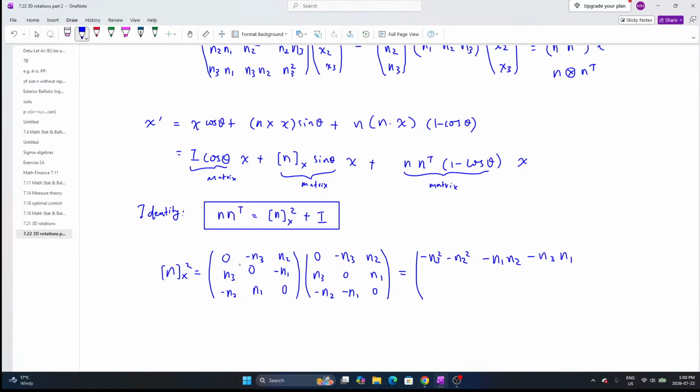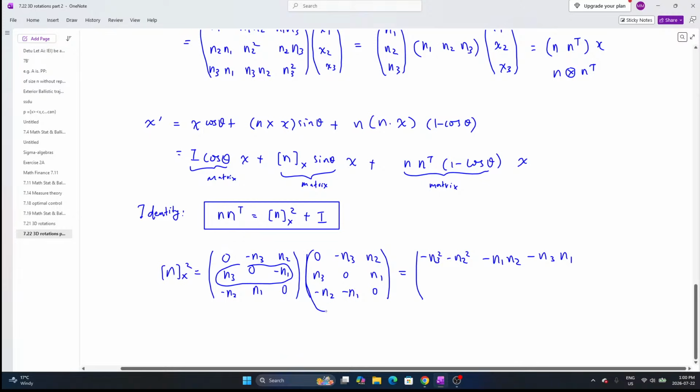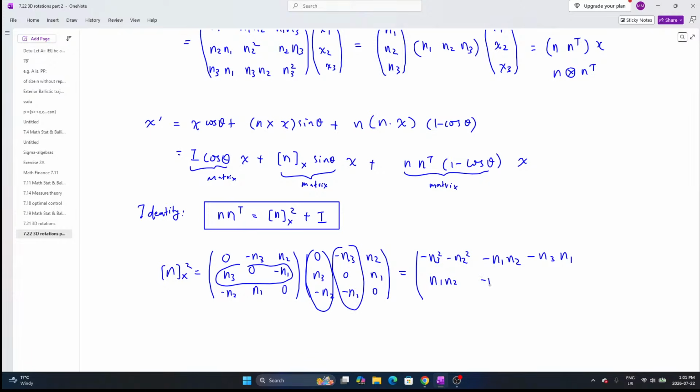This here, second row, first column, 0, 0, minus n, actually plus 0, plus n1, n2. Second column, minus n3 squared. The n1 at the middle right of the second matrix.